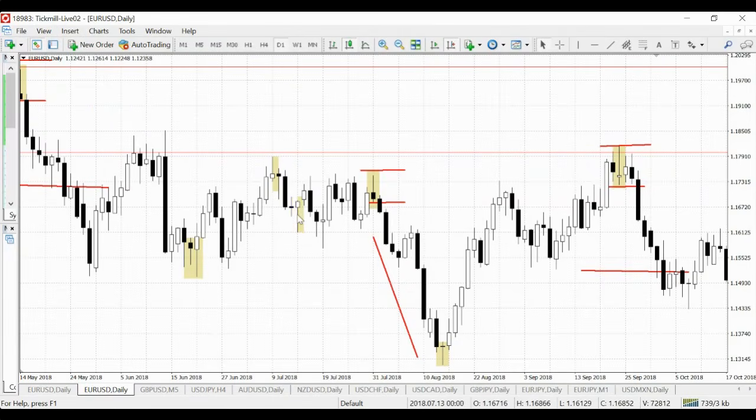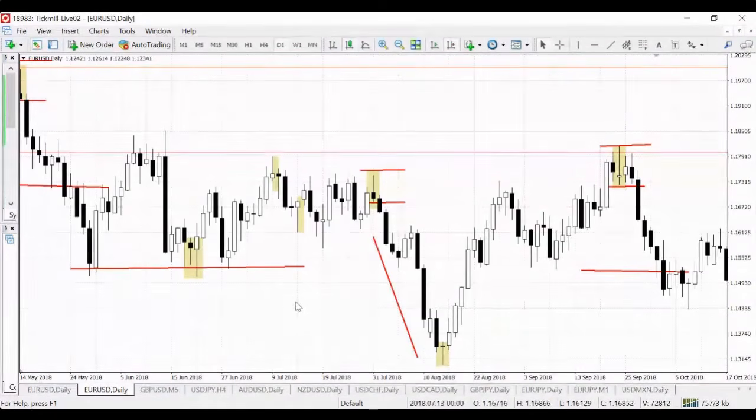You have to take into account that some of these signals will fail. Right here, we do have a support level, so maybe I would have taken these signals. I'm not sure I would have got 2 to 1 risk reward, maybe 1 to 1. So you have to take into account that some of these signals might fail.